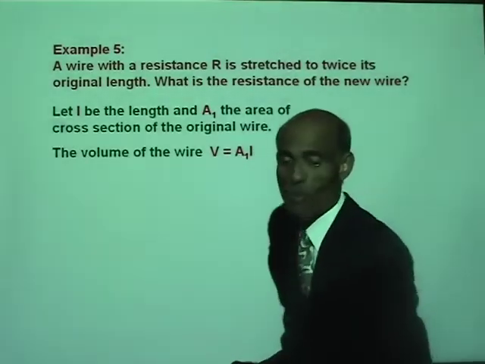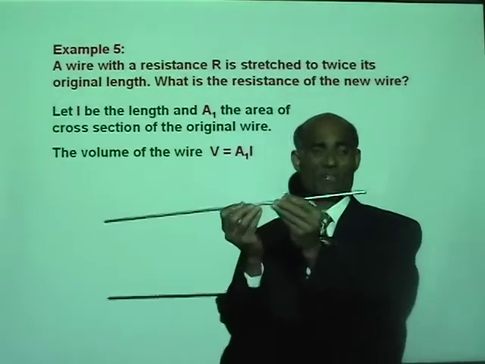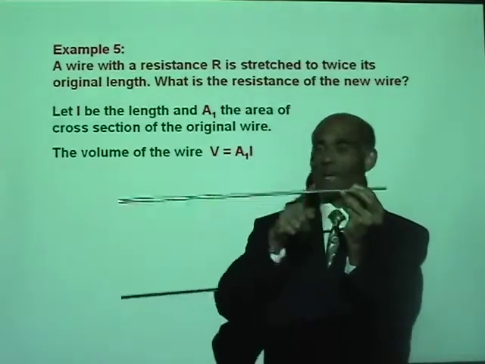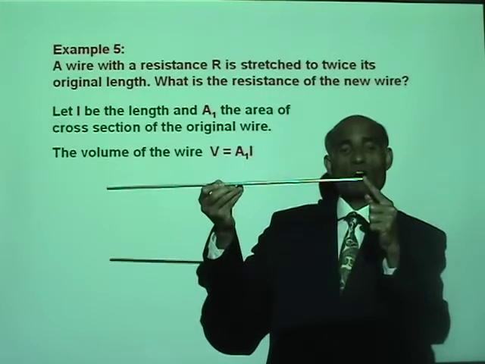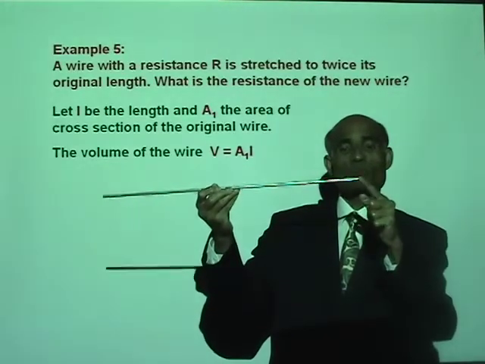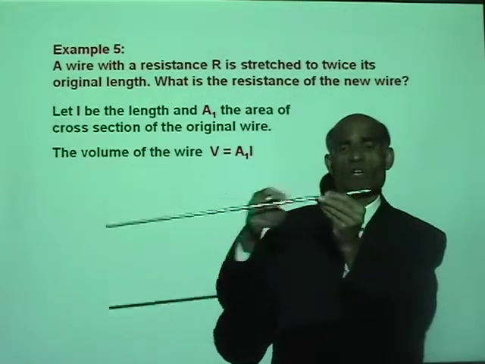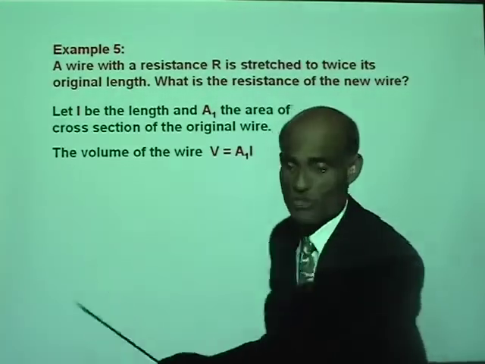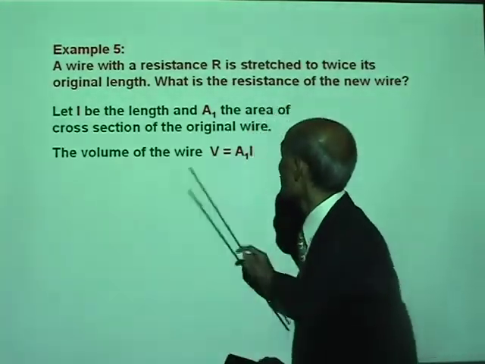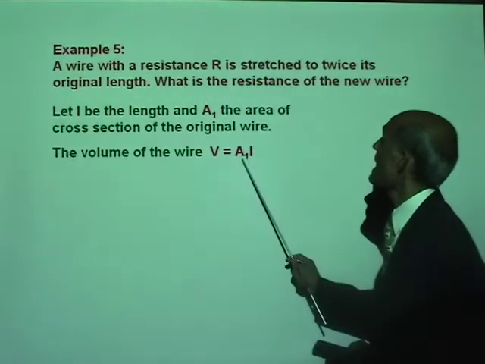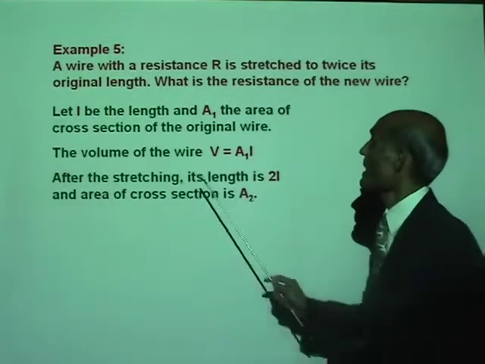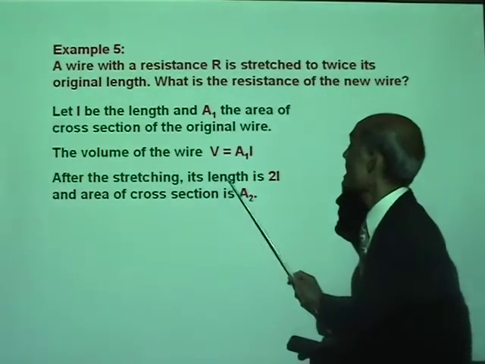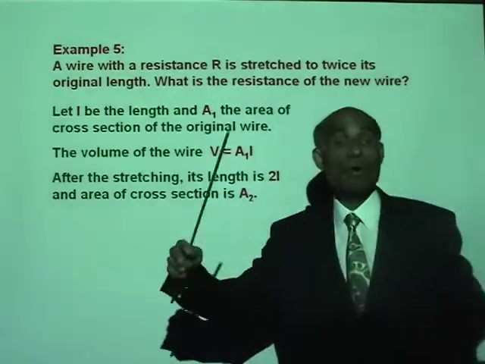If you multiply the area of cross section by the length, you get the volume of the wire. So here, volume of the wire V equal to A1 times L, and after stretching, its length becomes 2L.